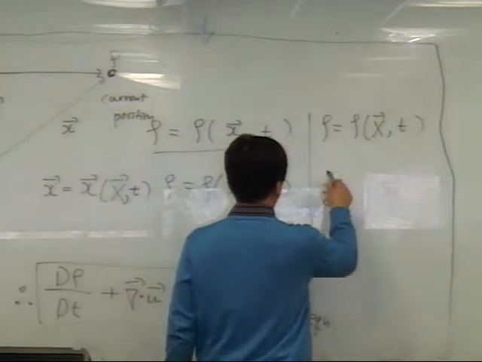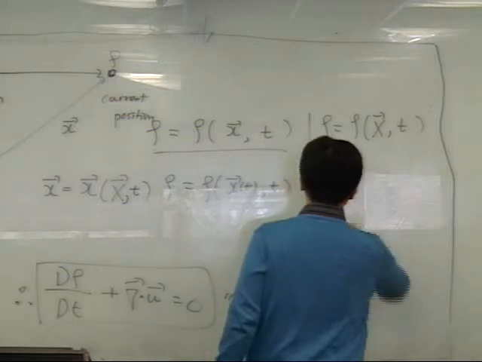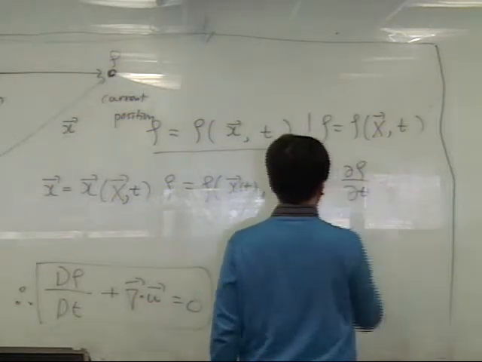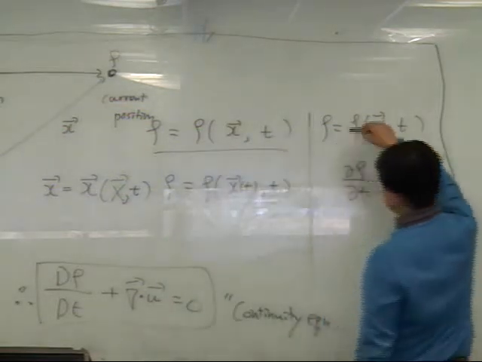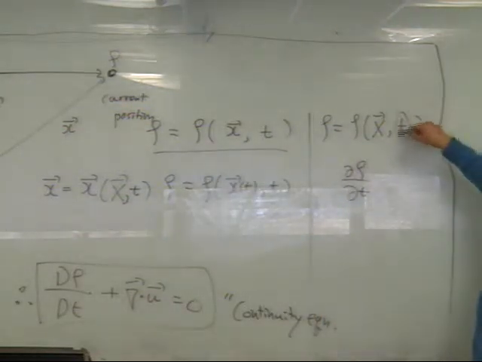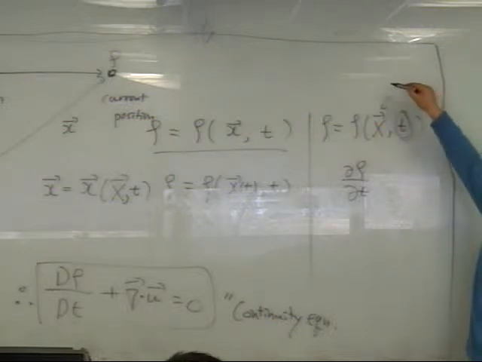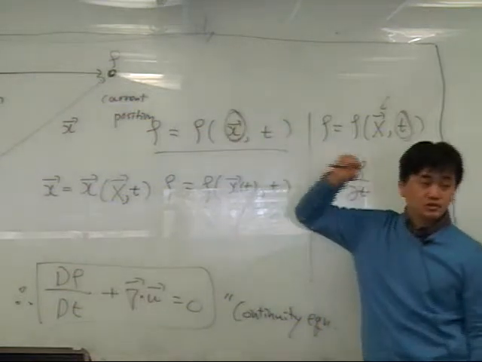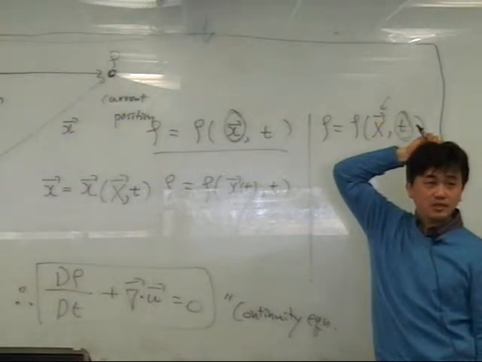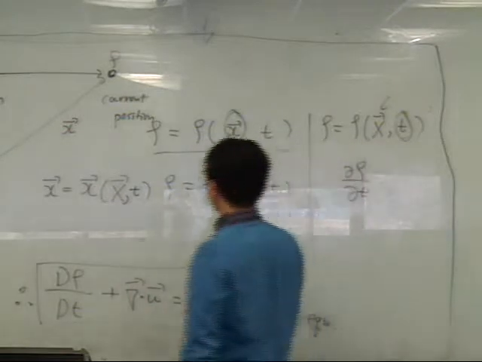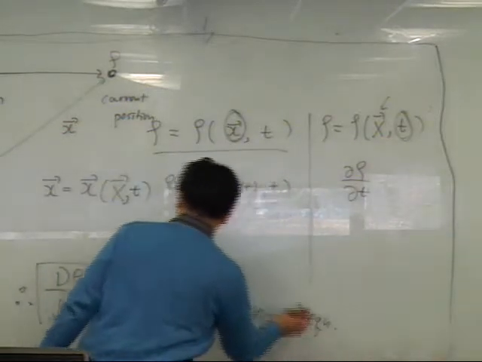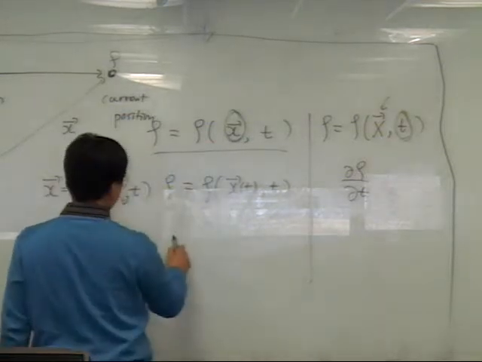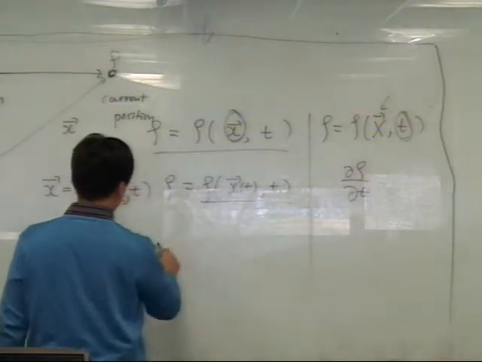If we take the derivative over time, the result is just the partial of rho in t, right? Because here the density is only a function of time. This is a fixed value, right? But in this case, this position is also a function of time, right? It's quite different. So if you take the differentiation, what happens? Let's take the differentiation.